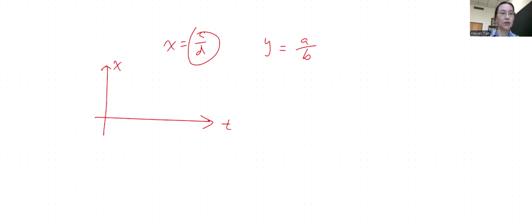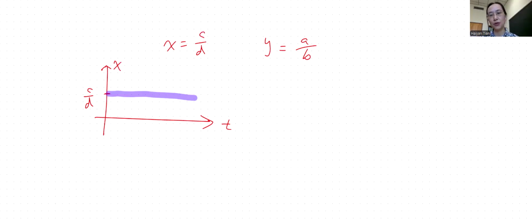Let's suppose this is C over D, which is positive, and then it is always that constant. So we can draw this constant solution. And Y, same thing.